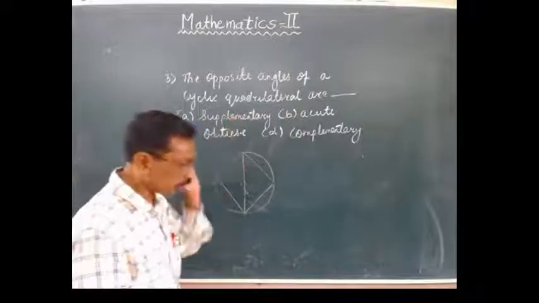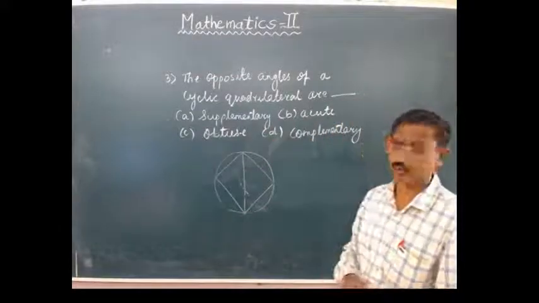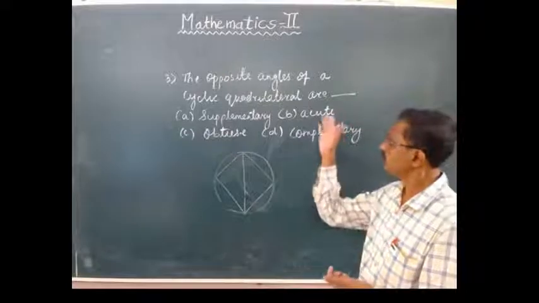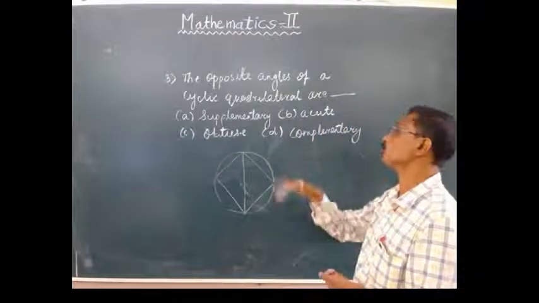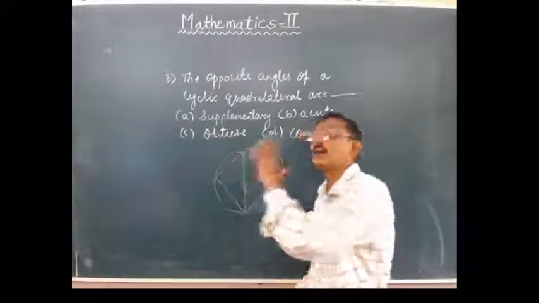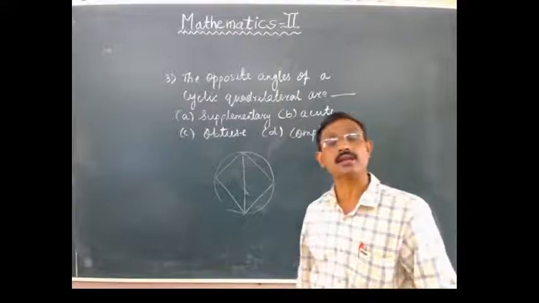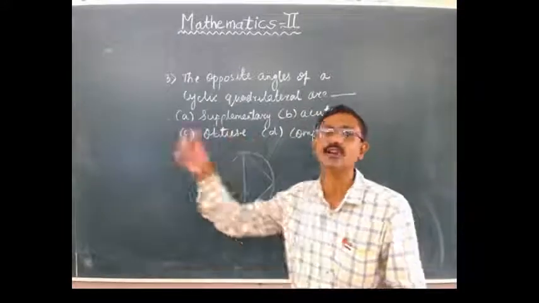So in our four options, let us search where is our option. First is supplementary, second option is acute, third is obtuse, and the fourth one is complementary. But as per the theorem, we know that the opposite angles of a cyclic quadrilateral are always supplementary because we have done the theorem.